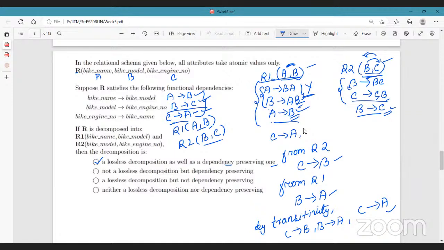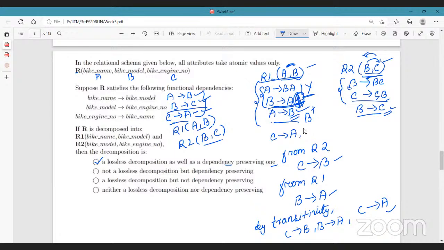Ma'am, then why are we not writing B determines A under R1? Yes, we can. Here, look, B determines AB. Here B you can consider, B determines B, you can even remove it, and it will still be the same. Then why are we writing A determines B?